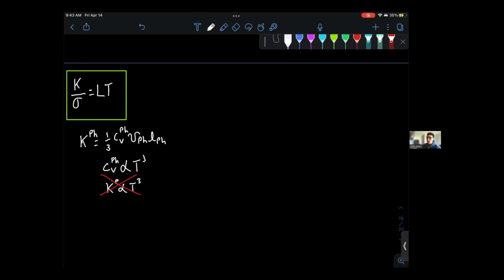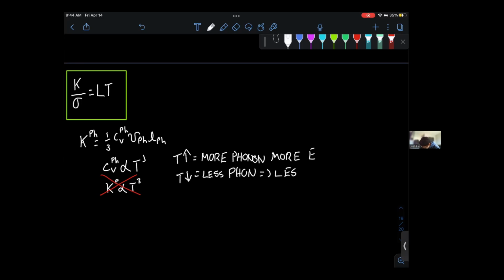So what do we know about phonons? Well, we know when we have an increased temperature, we have more phonons, meaning we have more energy. And with a lower temperature, we have less phonons, so less energy.